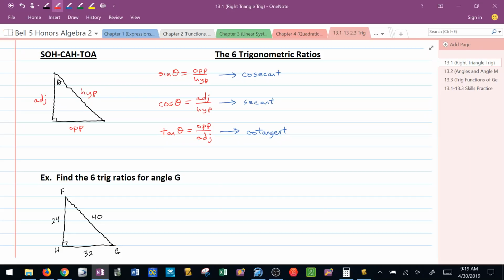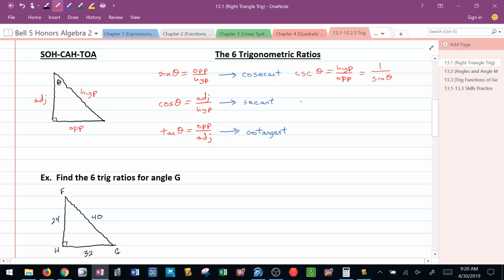Now, as we saw before, these all have abbreviations as well. I know that cosecant, CSC, of theta would simply be take the sine and flip its ratio over. So it's hypotenuse over opposite. This is also known as 1 over the sine of theta.